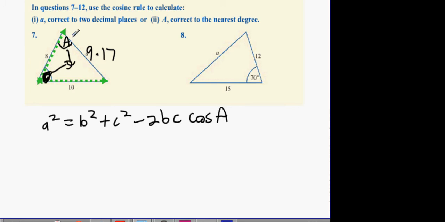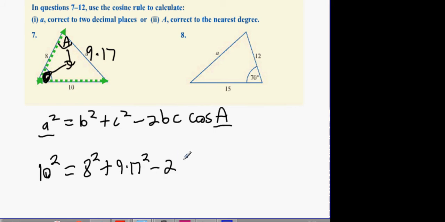You're looking to find the angle A, aren't you? A automatically goes in here. The side that's opposite A automatically goes in this slot here. So it's going to be 10 squared equals 8 squared plus 9.17 squared minus 2 times 8 times 9.17 cos A. Here's what you need to do.